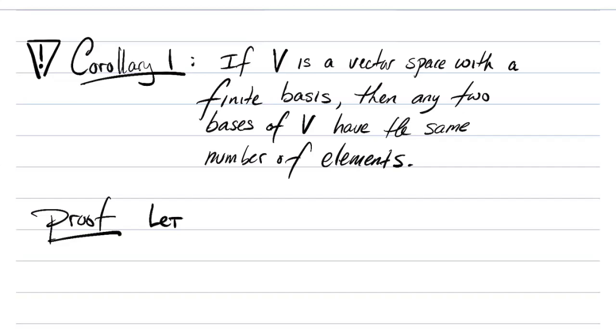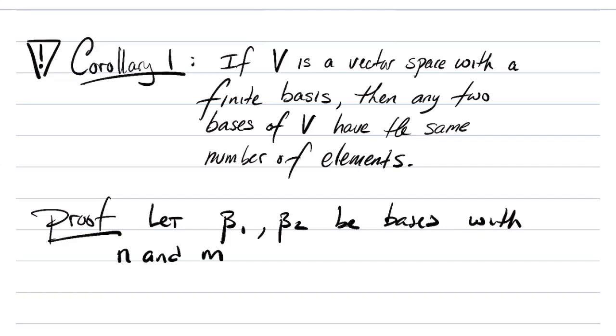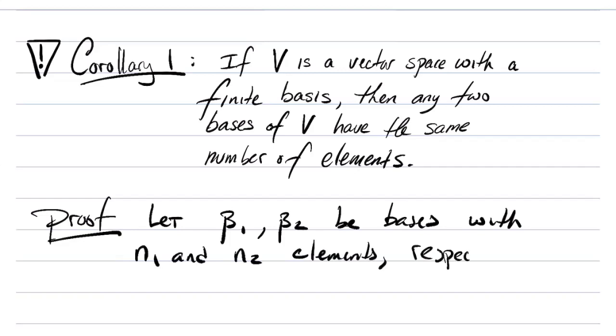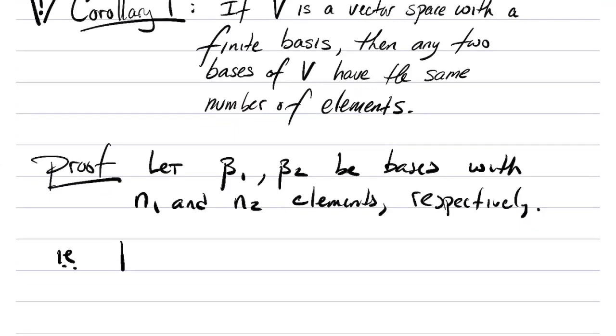Let's suppose that we have two bases, beta 1 and beta 2, with, say, n and m elements. Actually, let me switch my notation scheme. I think it'll be better with n1 and n2 elements, respectively. So beta 1 has n1 elements, beta 2 has n2 elements.